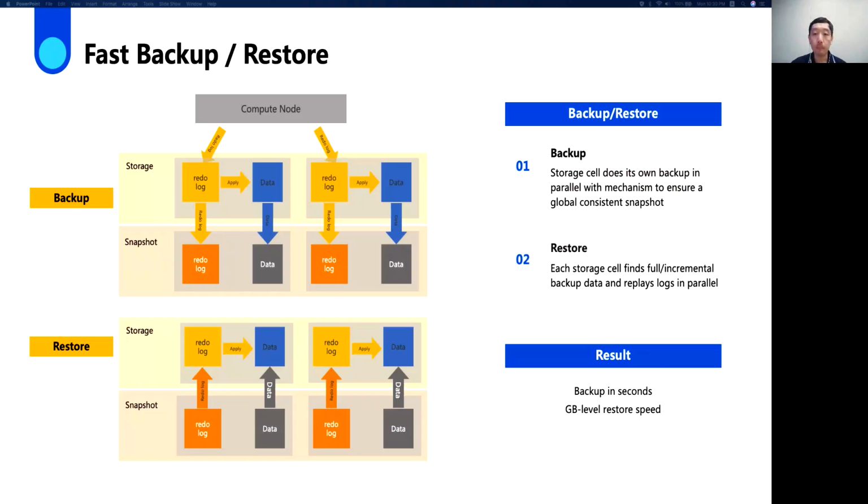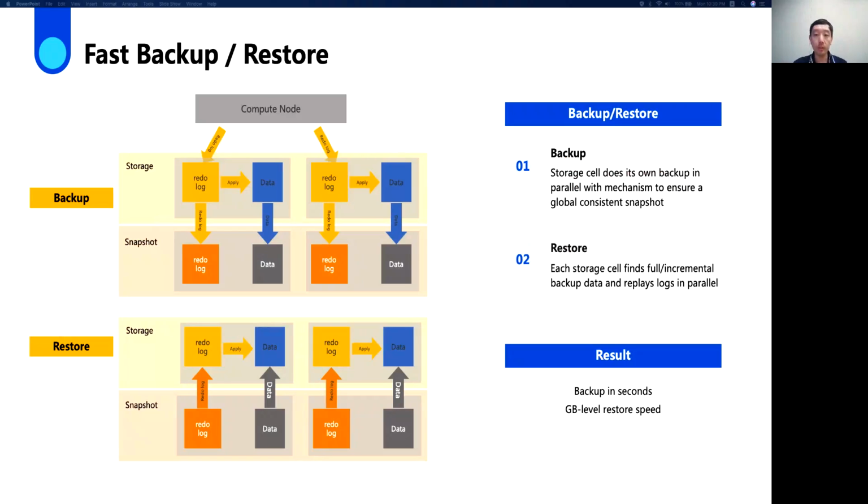Also, backup and restore is very important to ensure data security. Thanks to the architecture advantage, we can do very fast backup and restore that are completed at the storage layer. The computing layer is not even aware of this operation.